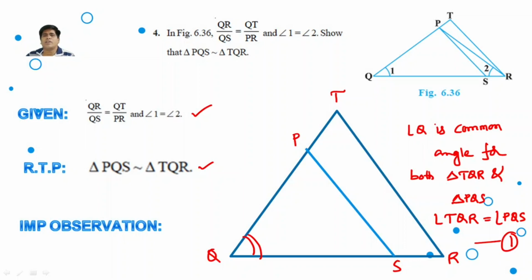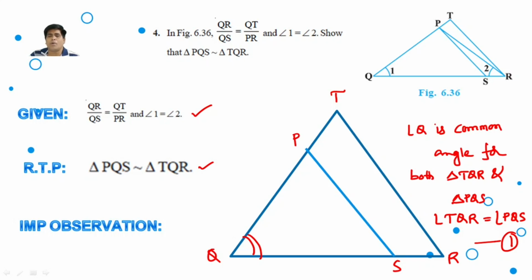If I go back to the sum, here we started. He has given the statement QR by QS is equal to QT by PR and angle 1 is equal to angle 2. We have to prove triangle PQS is similar to triangle TQR. The important observation is that angle Q is a common angle.